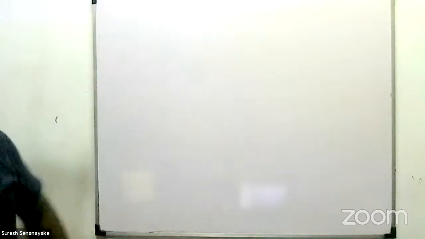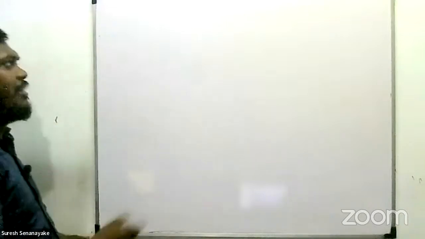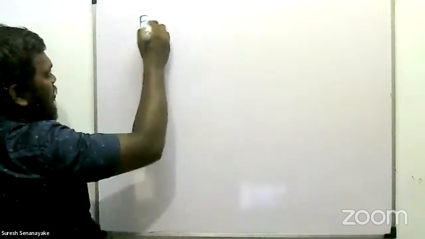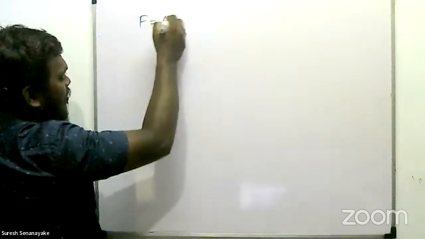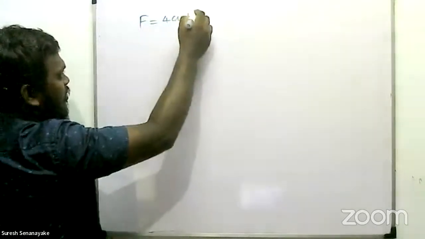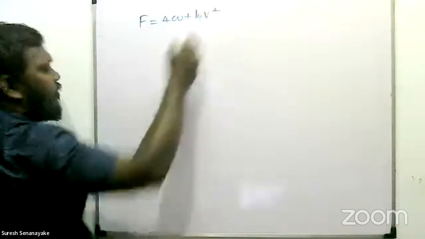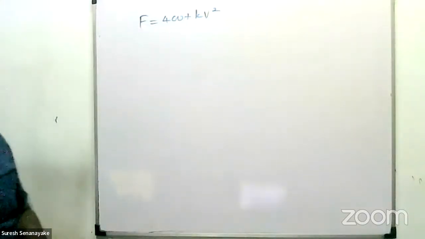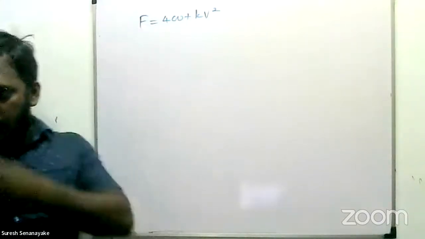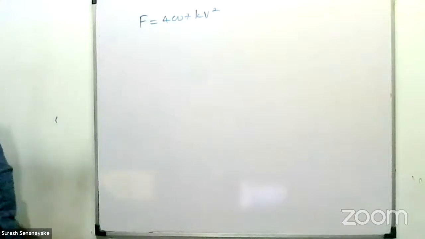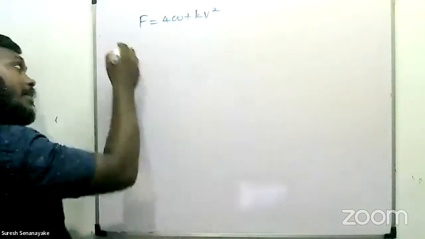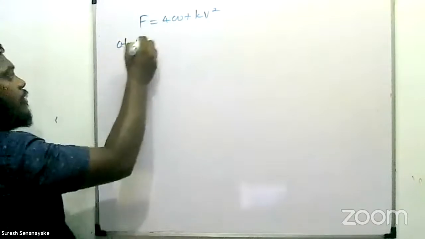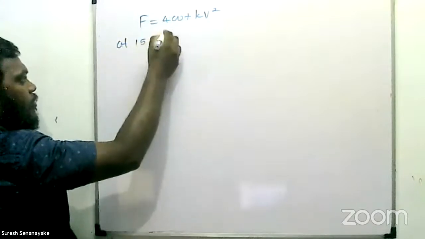Okay. Given that the resistive force is equal to 400 plus kv squared, in the case of speed 15 meters per second, right? At 15 meters per second it is moving.